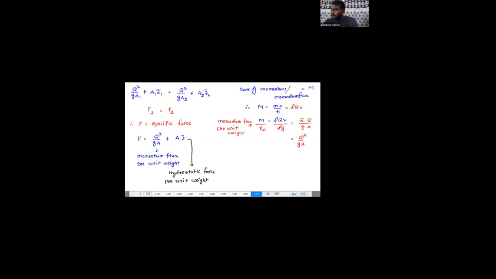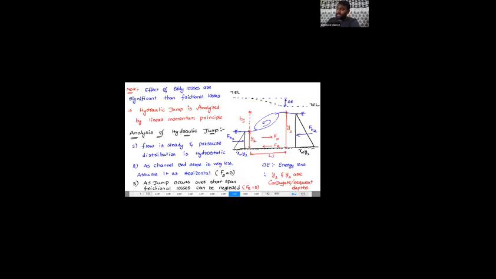Okay. So now hydrostatic force per unit weight. Observe here carefully. At the end of all this discussion, I am discussing about the forces. Hydrostatic force is there, driving force is there, resisting force is there, and I have removed the driving force and resisting force. Now, due to this hydraulic jump, there must be some momentum change or not.